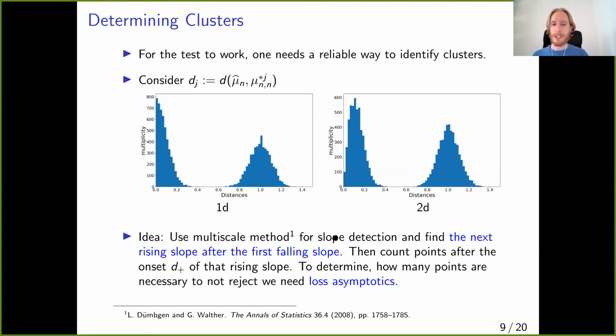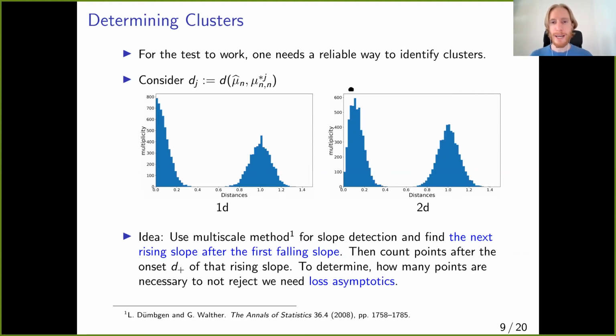So this is a method that's geared towards identifying rising and falling slopes in a probability density, if you have a sample from this probability density. And this goes back to Göttingen and Walter in 2008. And what we are looking for now is the next rising slope after the first falling slope.